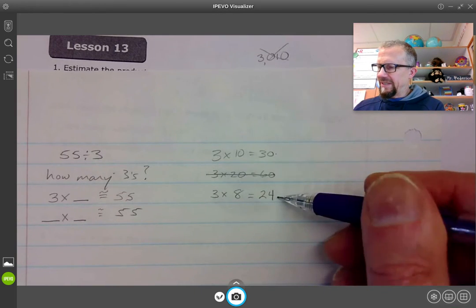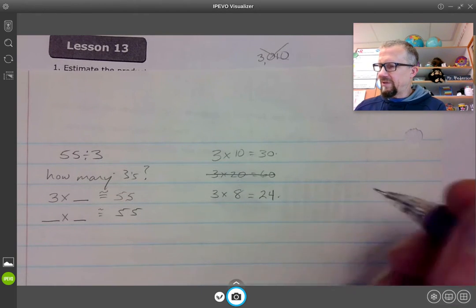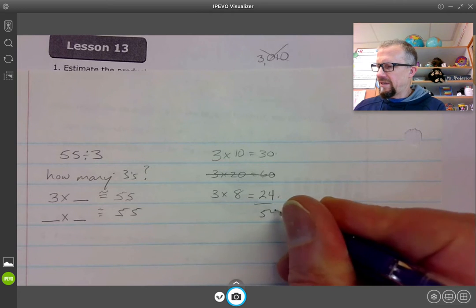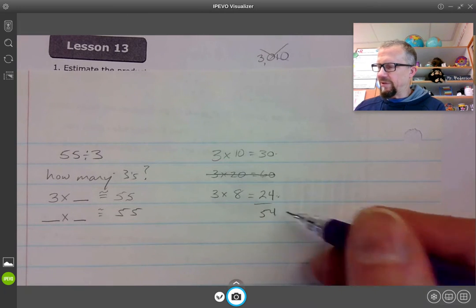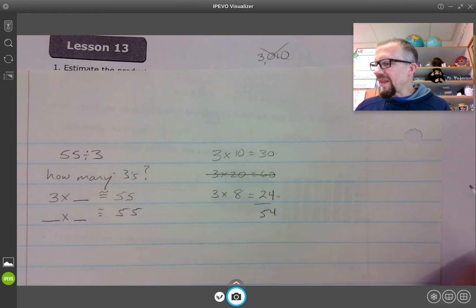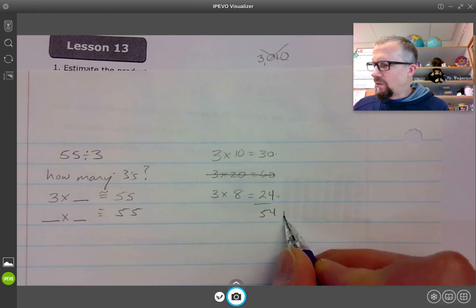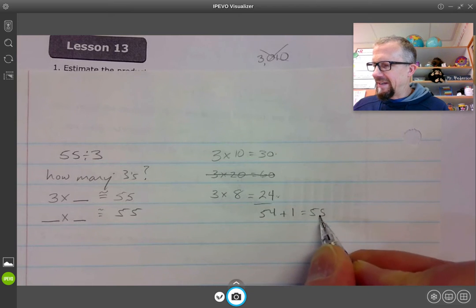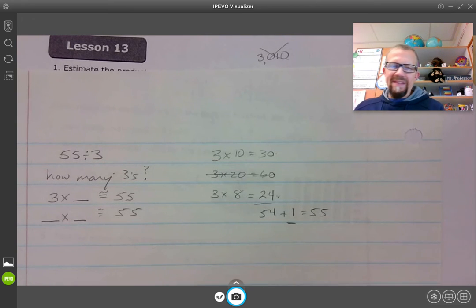So what is 30 plus 24? 30 plus 24 is 54, which is almost there, right? I would just have to add one more to get to 55. And that one more, that's the one I can't quite get with groups of 3, and that's going to be our remainder.